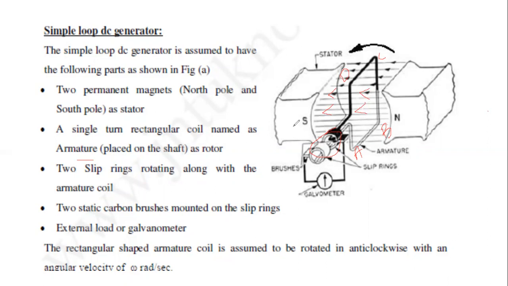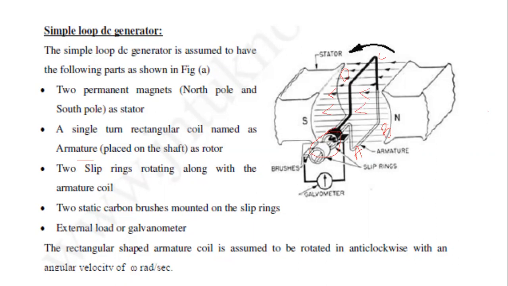At the end of this rectangular conductor, we connect two slip rings. The purpose of these slip rings is to rotate the conductor.